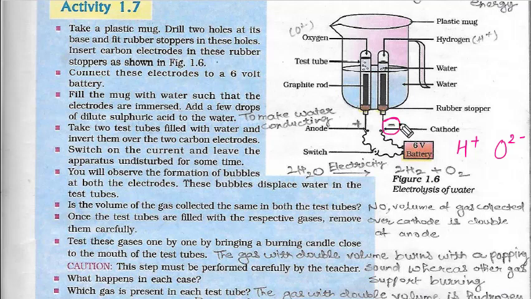The electrode connected to the negative terminal of the battery is called the cathode, and the one connected to the positive terminal is called the anode. So hydrogen, which is positive, will be attracted toward the negative electrode, and oxygen, which is negative, will be attracted toward the positive electrode. So hydrogen will be formed at the cathode and oxygen will be formed at the anode.